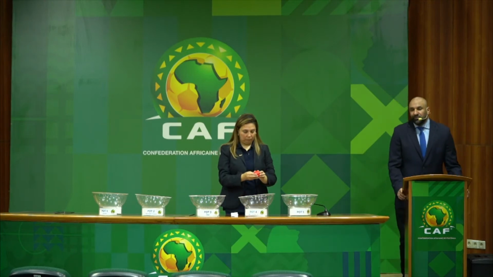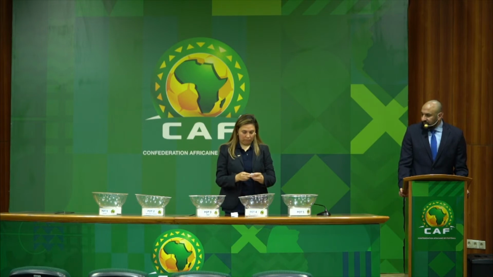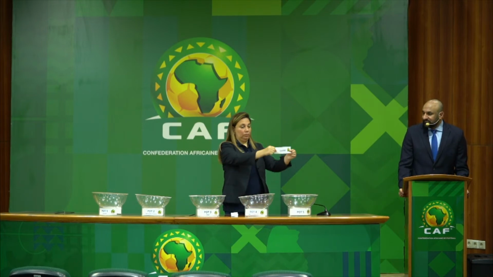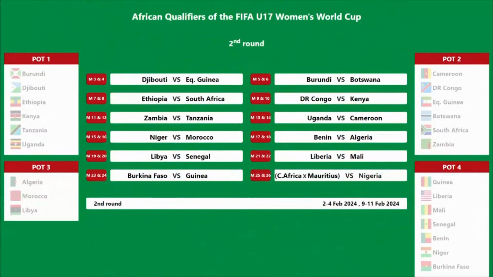First leg will be played in Burkina Faso. And the remaining team is Guinea, eliminated from the third round of the previous edition, will play against Burkina Faso, and the second leg will be played in Guinea. So this concludes the drawing of lots of the second round.